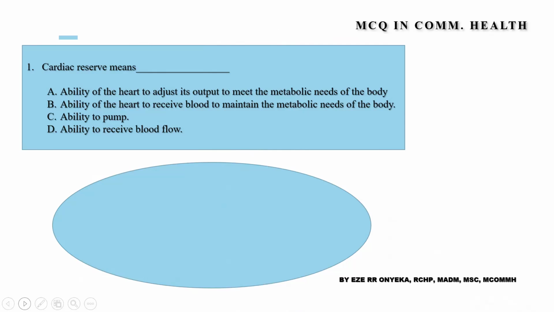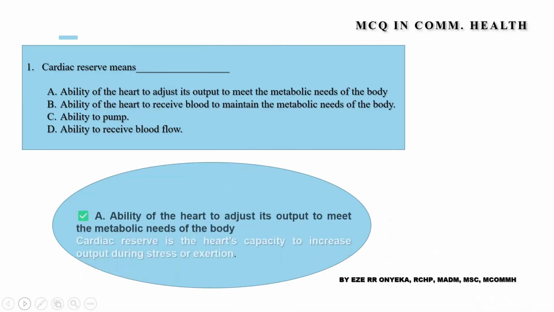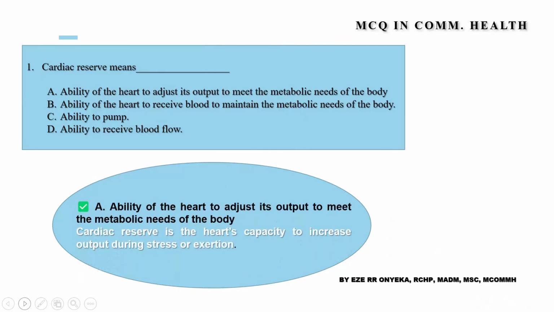D, ability to receive blood flow. The correct answer is A. Cardiac reserve is the heart's capacity to increase output during stress or exertion.